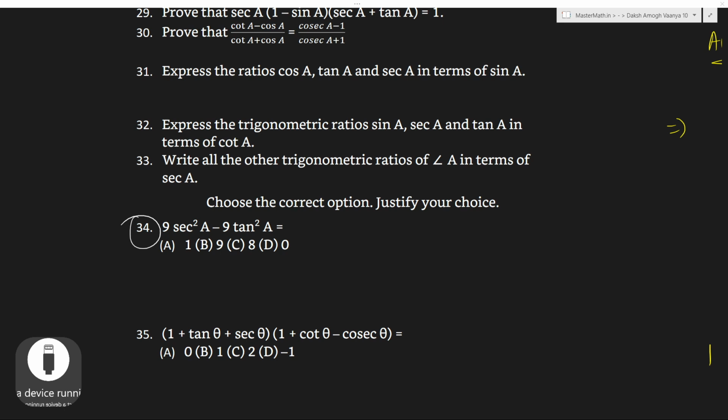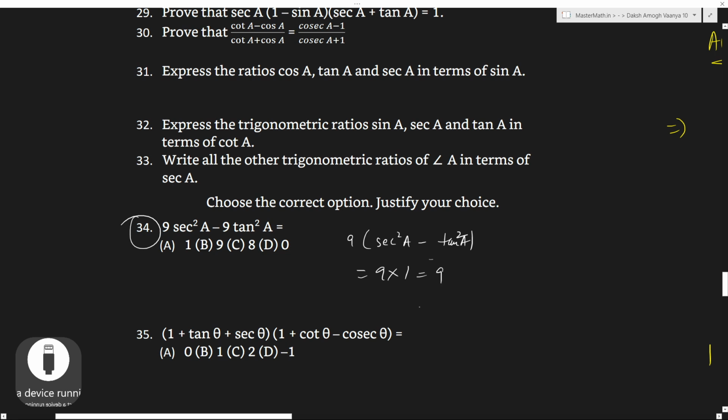Yes, Daksh. Yes, sir. 9 sec square a minus 9 tan square a is equals to, take 9 common, and we know that sec square a minus tan square a is equals to 1, using the second identity of trigonometry.